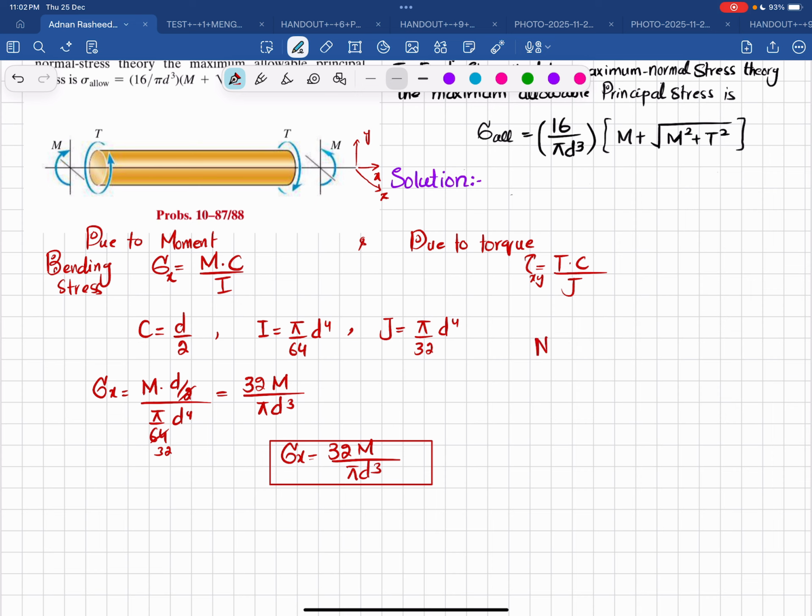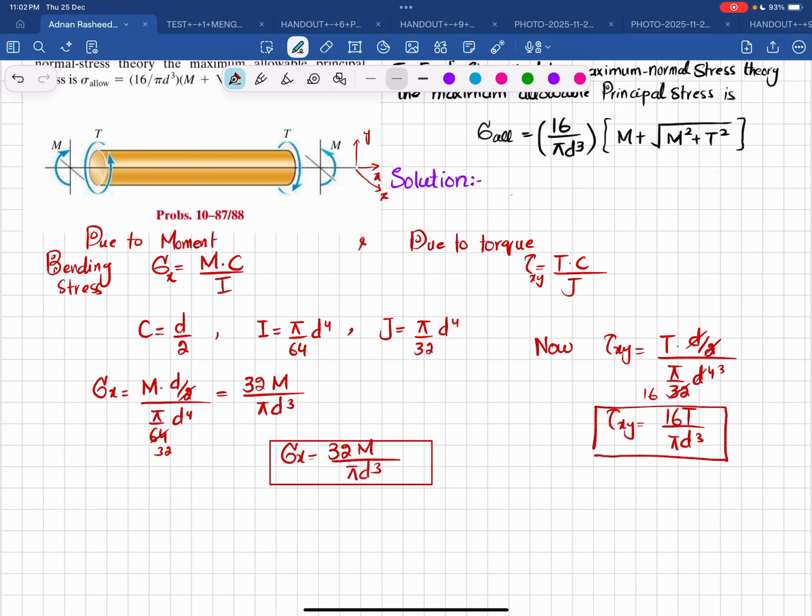Now we have shear stress tau xy, and that is equal to T, c is d divided by 2, and J is pi by 32 d to the power 4. So from here you will get tau xy equal to 16T over pi d cubed, because this 2 will cancel with this, so it will be 16, and one d cancels with this, so we will have d cubed.